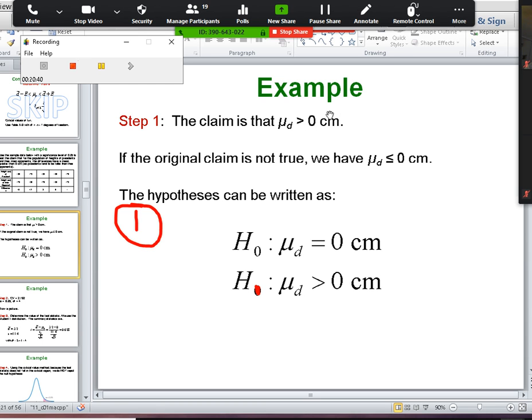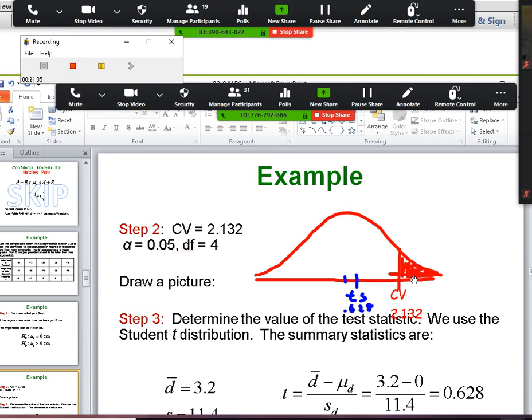In Chapter 8, it could be any number. Make sure you don't get those mixed up, because people do all the time. So here, we're claiming that the differences are more than 0. So mu D is equal to 0 for H naught. My claim is greater than 0, so H1 becomes my claim. Mu D is greater than 0. That's my step 1. You should be writing this down in your notes, because this is the one that you're going to be turning in tomorrow.